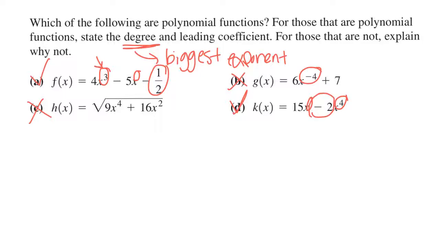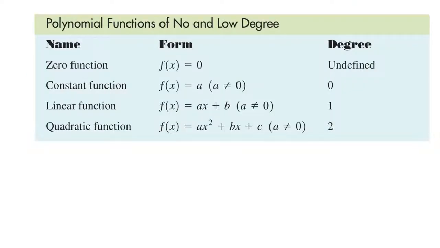Standard form says that you have to write your functions in descending order of exponents. So this would be written as -2x to the 4th plus 15x.